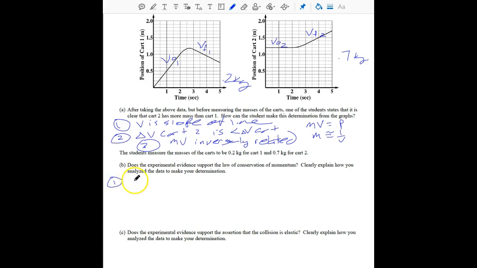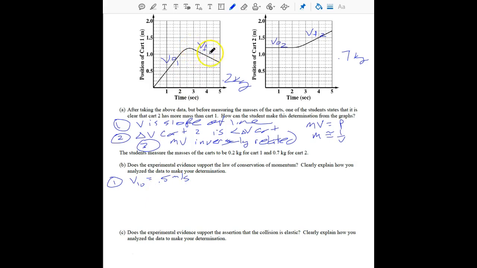The first point is saying that the initial velocity of cart 1 is equal to 0.5 meters per second. They did that by finding the slope of this line. If you start here and go here, you can use any 2 points on the line, but 1 over 2 is going to be a half.